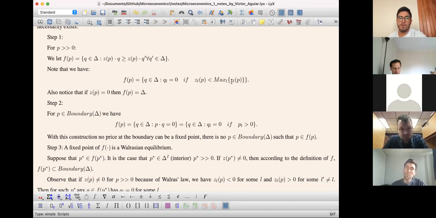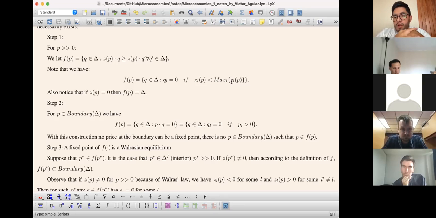Important thing about this: notice that here I'm multiplying the excess demand at values P by this other price Q, which is different from P. And if this is greater than or equal to z of P times Q prime for all Q prime, then this Q belongs to the image of this correspondence.